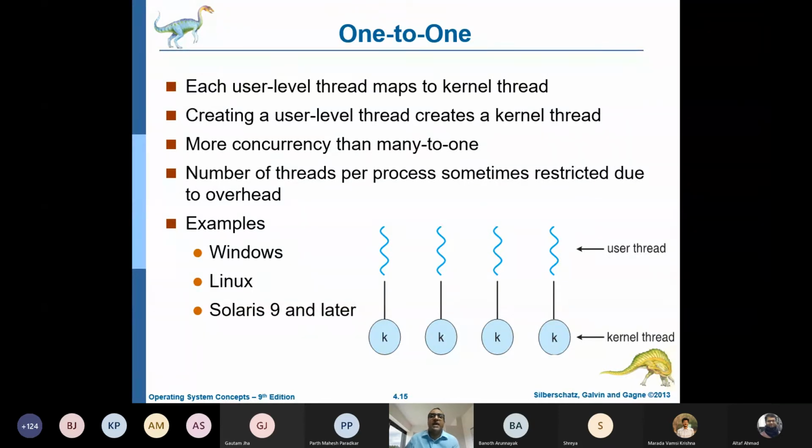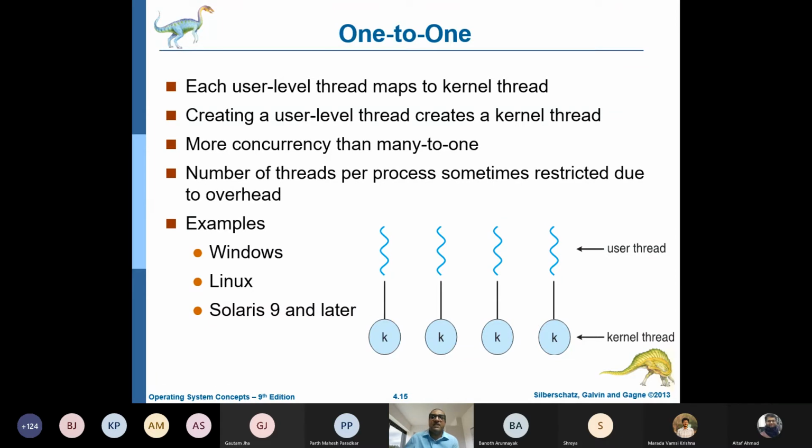It also indirectly hampers the performance of the system, because it needs to take care of maintaining a lot of control information. So that way it sometimes puts a restriction on the number of user level threads, because as per this model, whenever a user level thread is created, the corresponding kernel level thread has to be created and mapped to it.